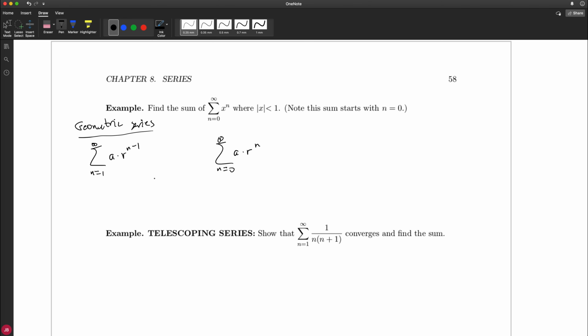It's not going to play a big role here for us, but what I'm trying to say is that this is a valid geometric series because it's of this type. And so what we see is the sum n equals 0 to infinity of x to the n. Well, in this case, a is 1, I think.